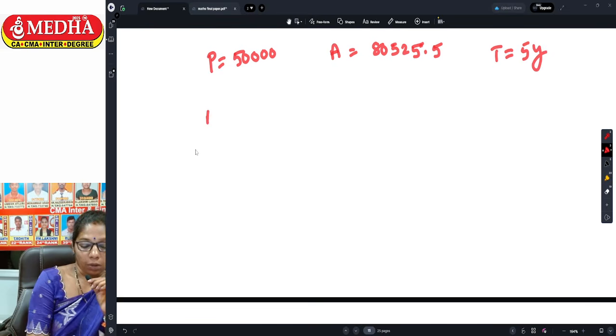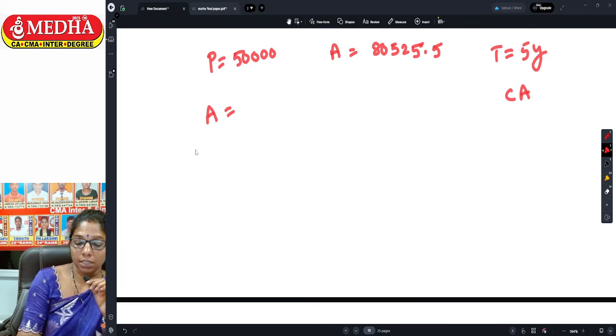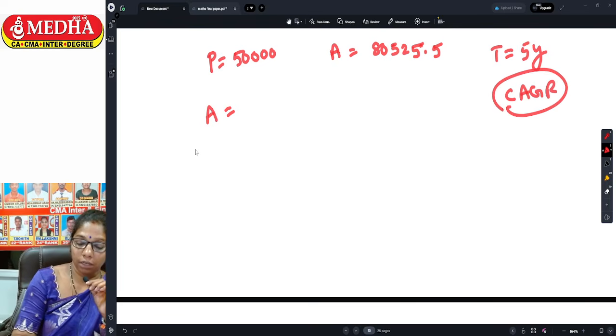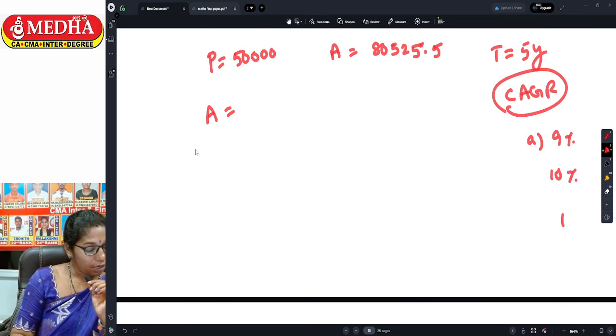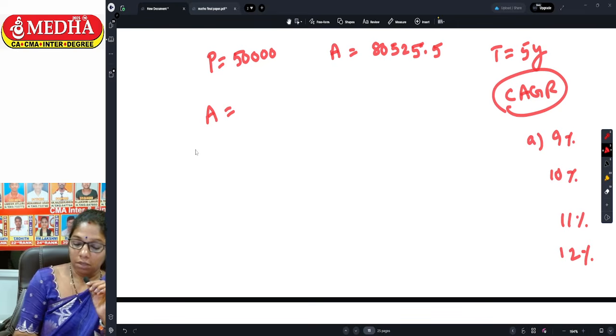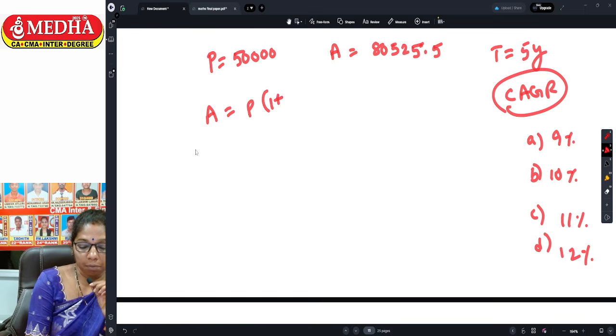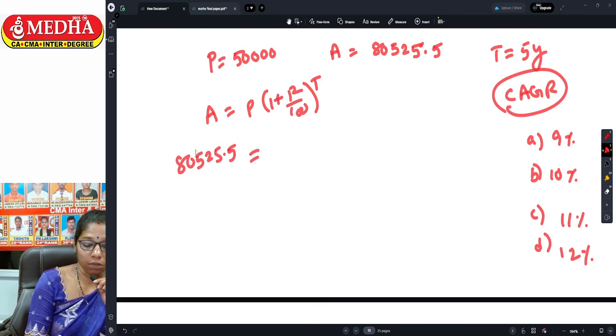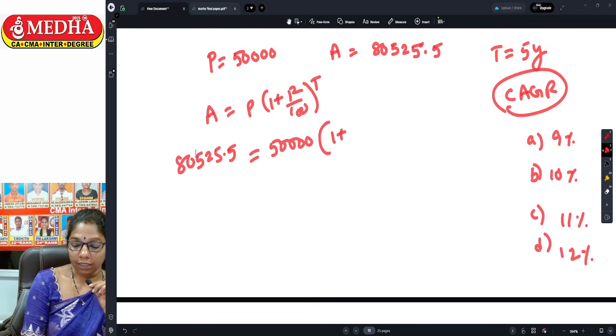The question asked is CAGR, compound annual growth rate. Here I am going with option verification. The options are 9%, 10%, 11% and 12%. So by verifying options, A is equal to P of 1 plus R by 100 whole power T, that is 80,525.5 is equal to 50,000 of 1 plus rate.